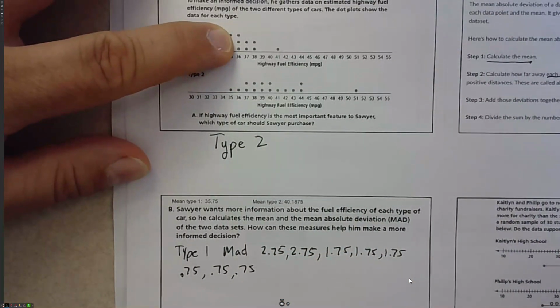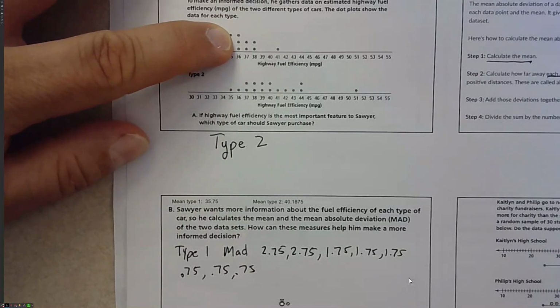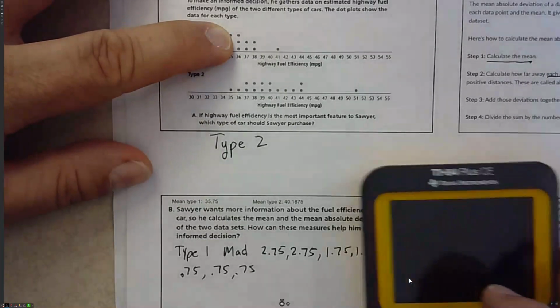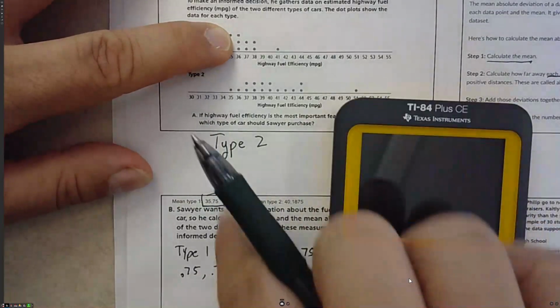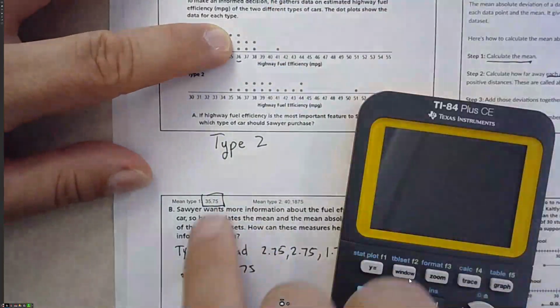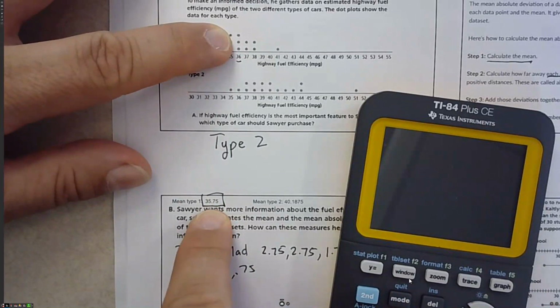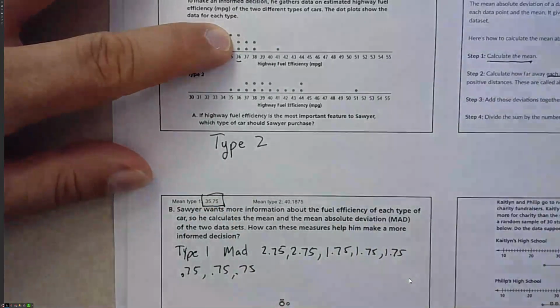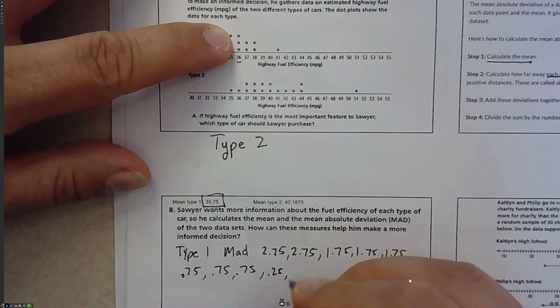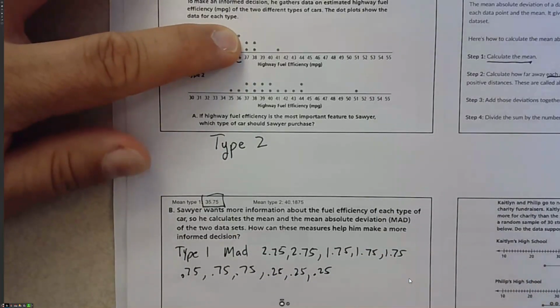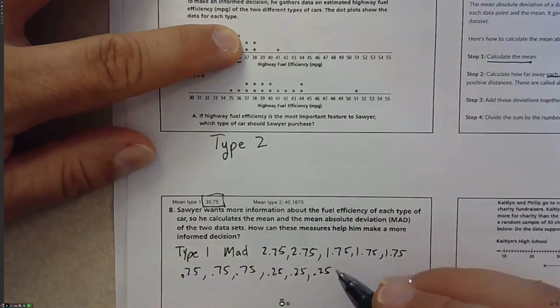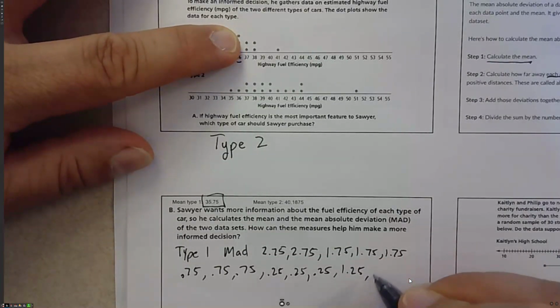How far away is 36 from the average? So let me clarify: here's my average for the first one, and I want to know how far away 36 is from that. It's 0.25, and there are three of them, so 0.25, 0.25, 0.25. How far away is 37? 1.25, and there are two of those, 1.25, 1.25.